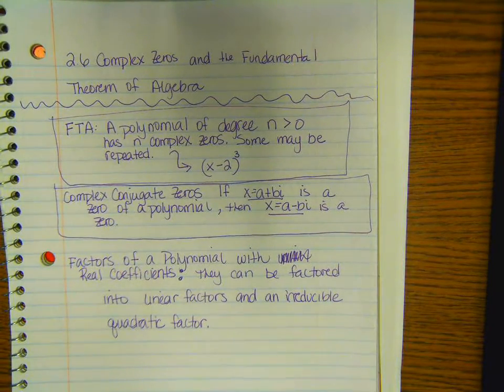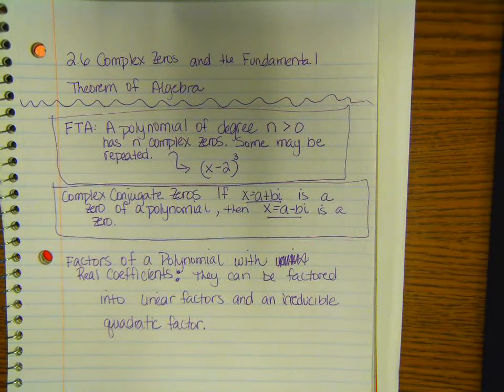So, if I have polynomial with real coefficients, they can be factored into linear factors and an irreducible quadratic factor.